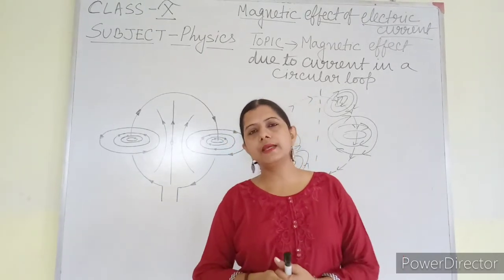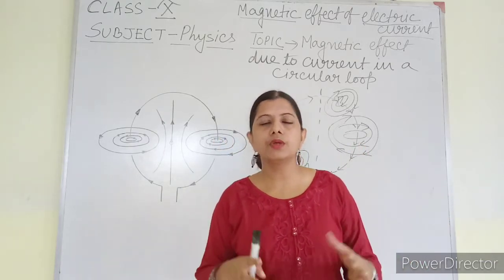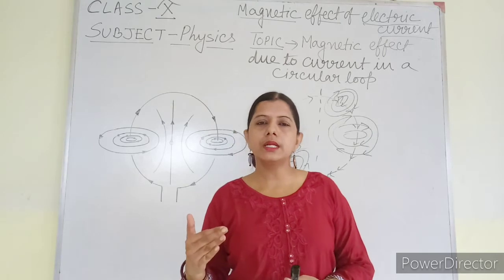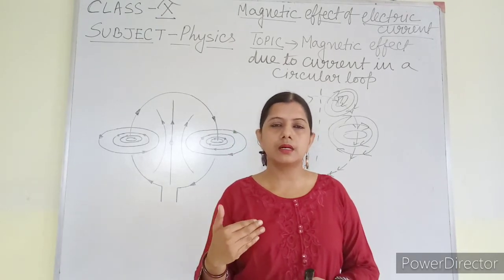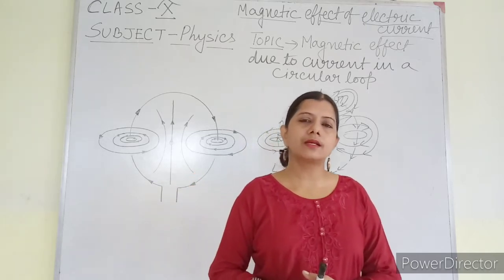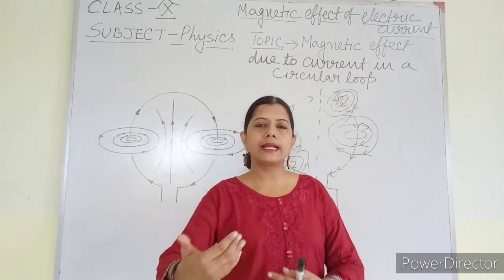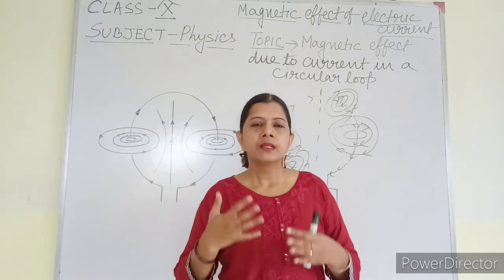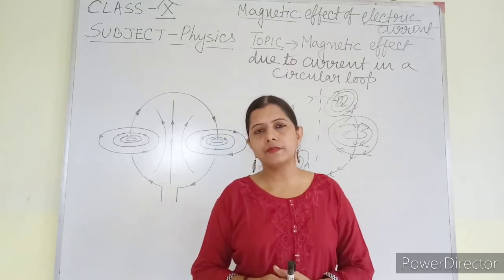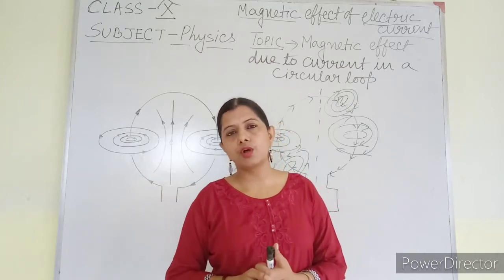The portion where the magnetic field seems to enter inward behaves as a south pole, and the portion where the magnetic field looks like it is coming outward behaves like a north pole.